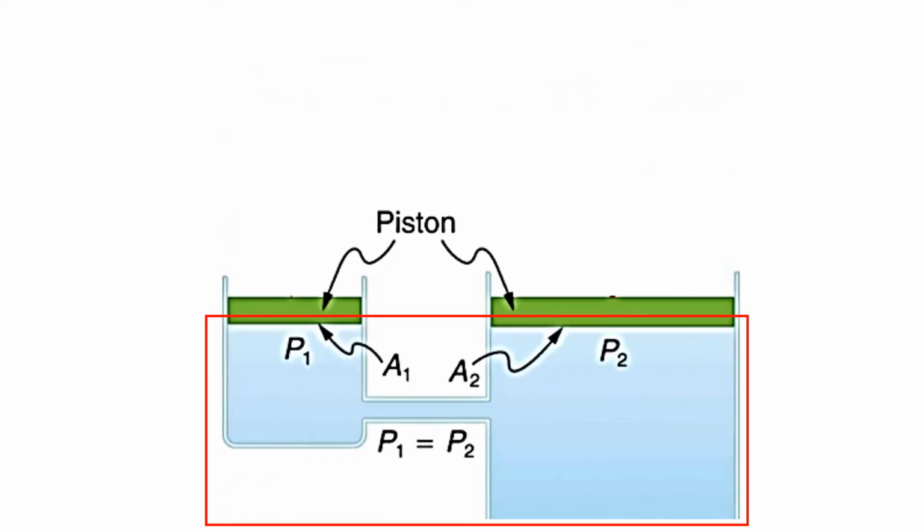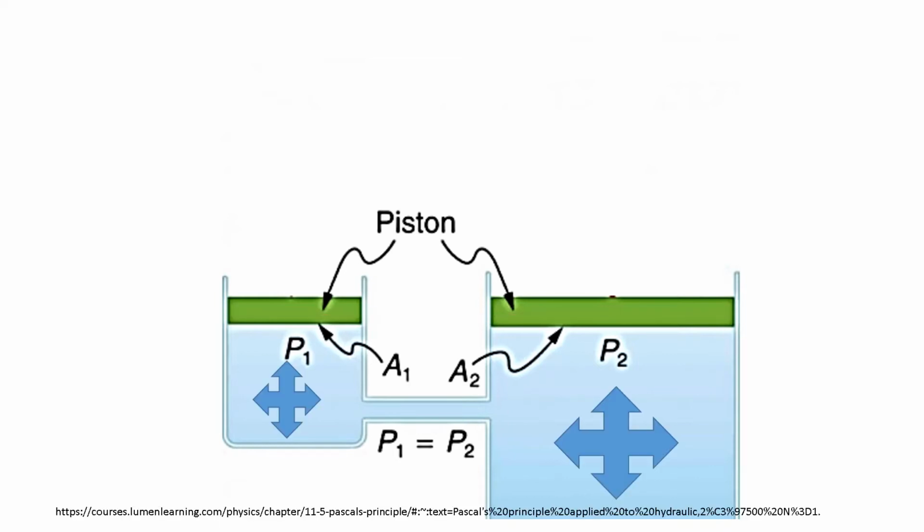So, in the illustration is an enclosed system wherein there are two pistons. Piston 1 is much smaller than piston 2. In that enclosed system, there is also a fluid. It is cylindrical. Now, I said before that all the pressures are exerted in all directions of the enclosed system.